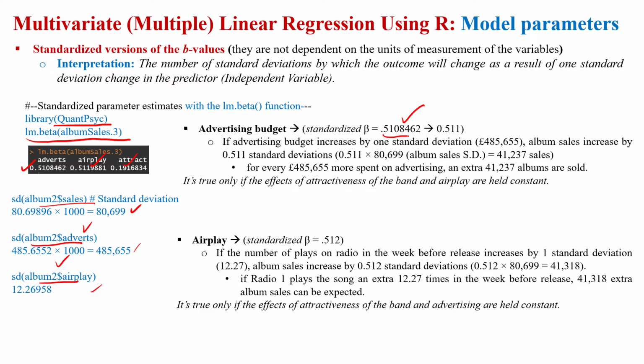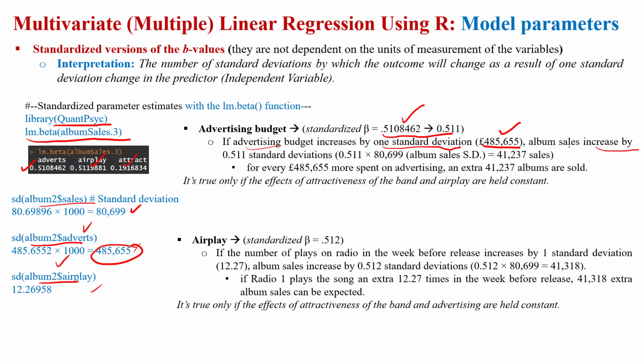This value means that if the advertisement budget expenditure increases by one standard deviation, and one standard deviation means we calculate the standard deviation of the advertisement expenditure, that is this one, so if I increase the investment in the advertisement budget by this amount, the album sales will increase by a standard deviation.